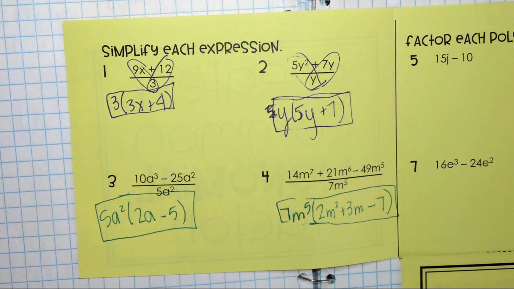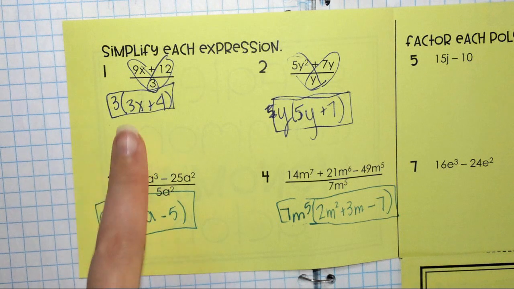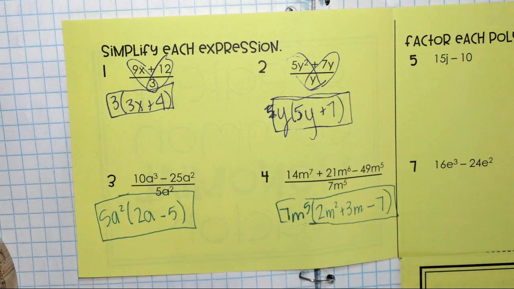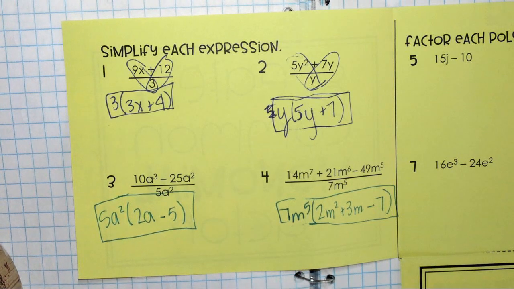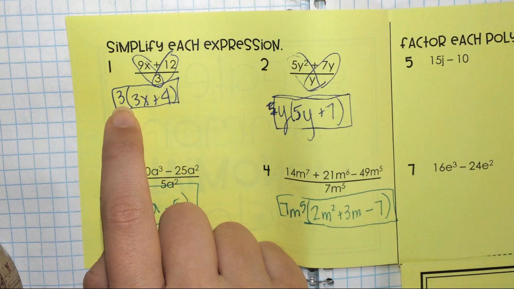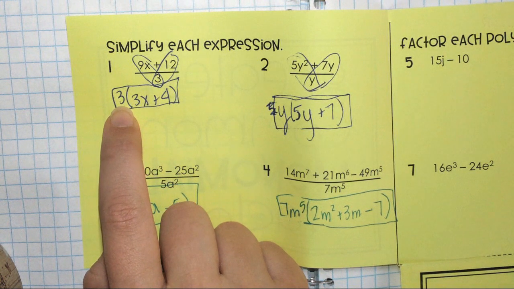Okay, so on number 1, what do you notice that they took out of the binomial? What did they factor out on number 1? Is it a number? Is it a letter? It was what you're dividing by.